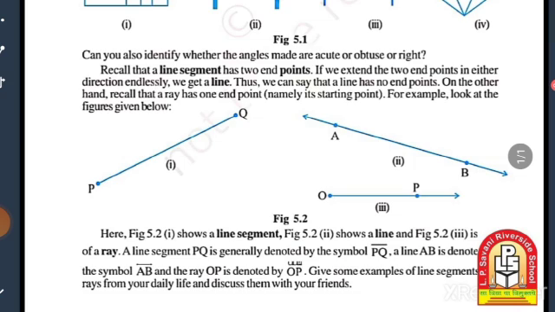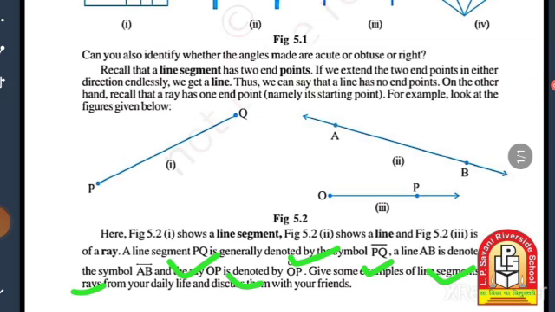Then next, look at the figures 5.21, 5.22 and 5.23. A line segment PQ is generally denoted by the symbol PQ. Line segment AB is denoted by the symbol AB.